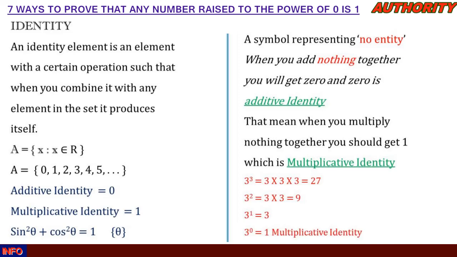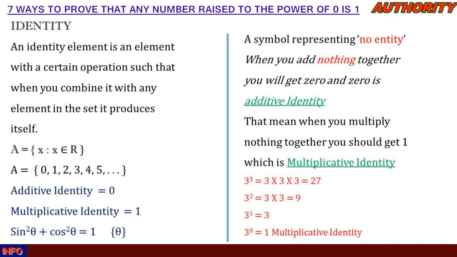And then 3 raised to power 0. It means what? 3 multiplying itself into what? 0 places. What does it mean? That is nothing multiplied by nothing. It's going to give you the multiplicative identity. And the multiplicative identity is equal to 1. So therefore, 3 raised to power 0 is equal to 1.